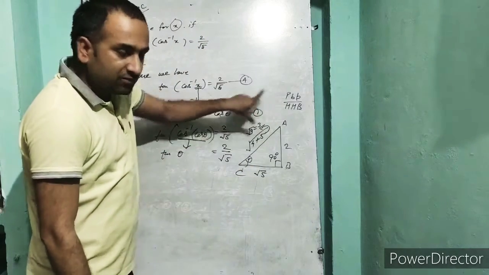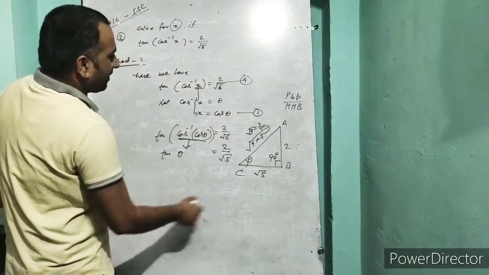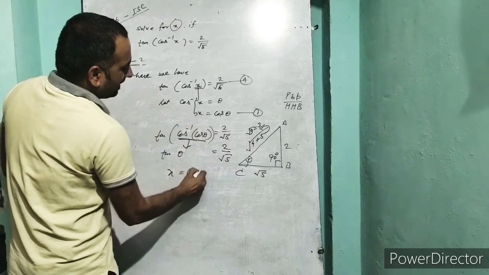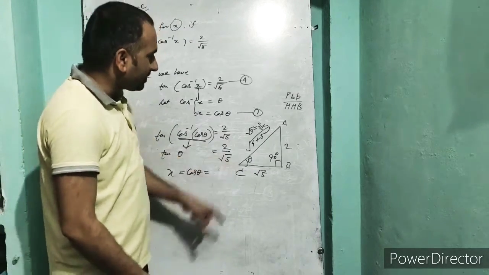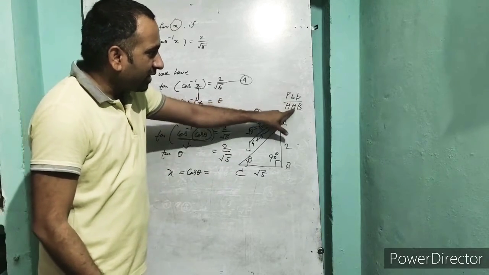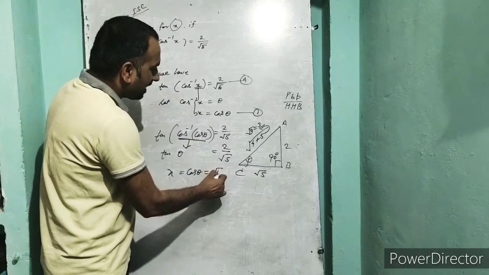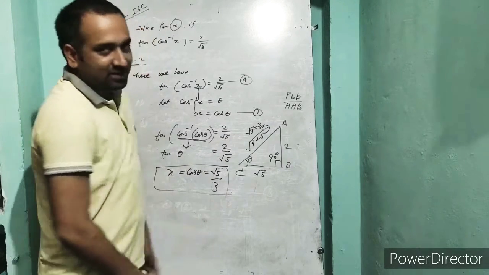By this we can find out the hypotenuse, which is 3. So from equation number first, x is equal to cos theta, and cos theta is base upon hypotenuse. Base is root 5 and hypotenuse is 3. This is the another method.